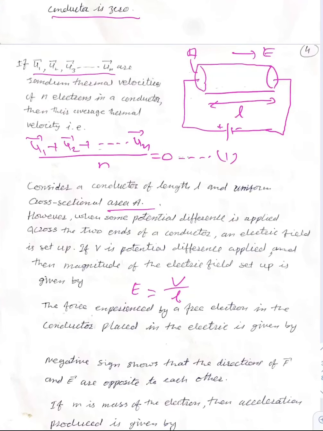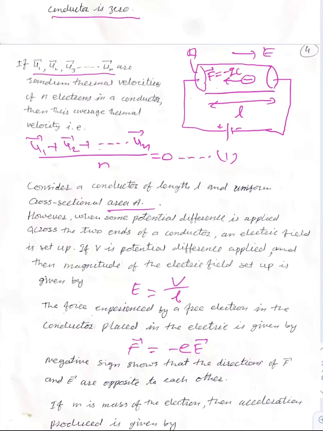The force experienced by a free electron in the conductor placed in the electric field is given by F = -eE. Here in the diagram, the electron moves opposite to the electric field.